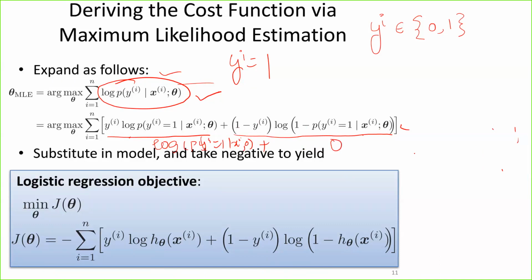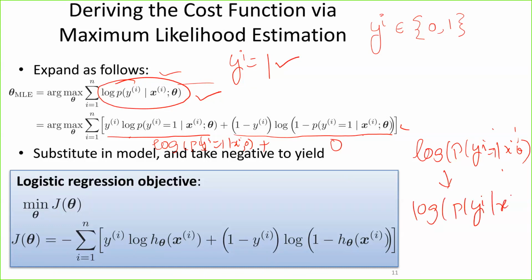So what you got is log probability of yi equivalent to 1 given xi and theta. What is the yi value? 1. So I can write this as log probability of yi given xi and theta. Isn't it the same? Yes. Right, so it is just expanded for the two possible values, 0 and 1.